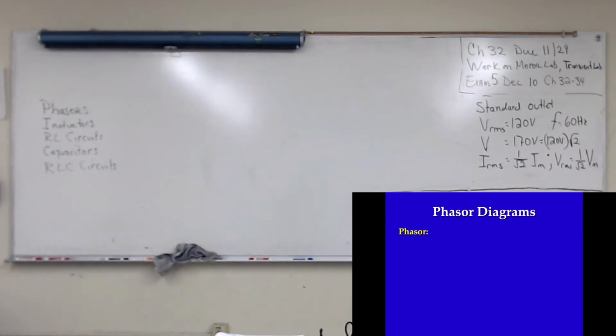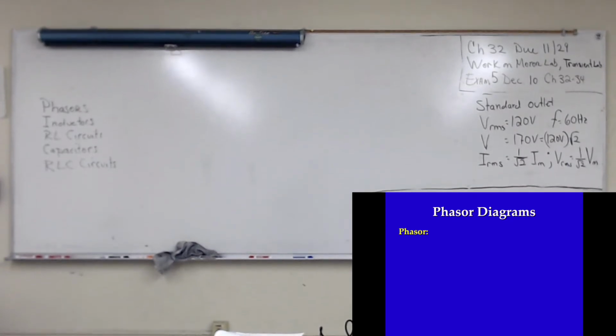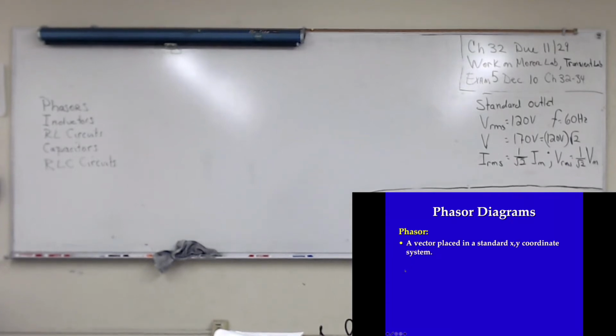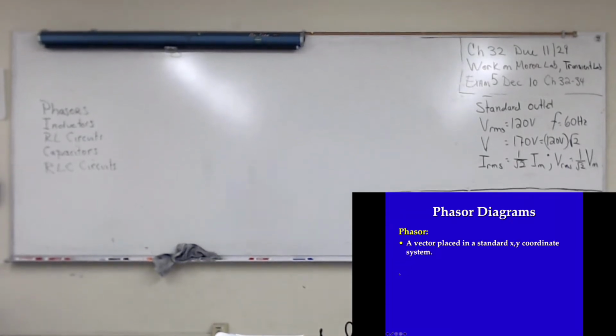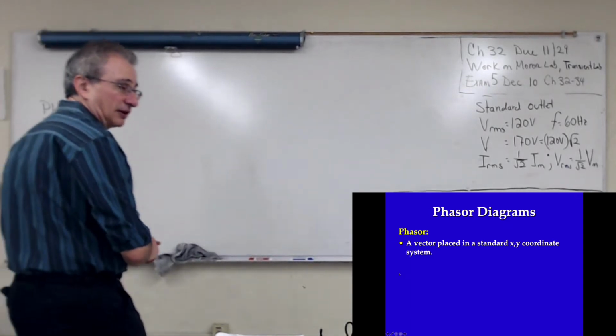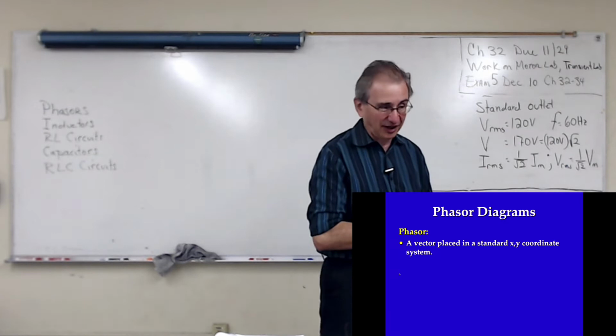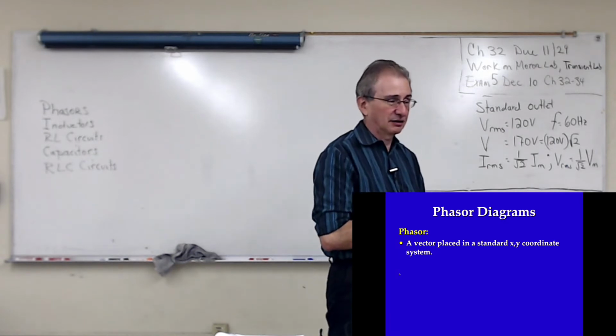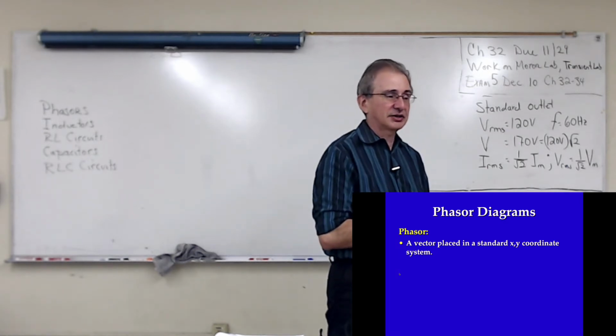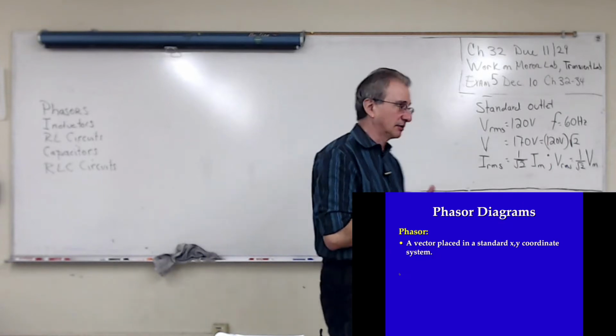So let me just say what a phasor is. This has nothing to do with Star Trek. A phasor is used to represent either a voltage or a current, generally, in this case. But it's a vector that's placed in a standard XY coordinate system.